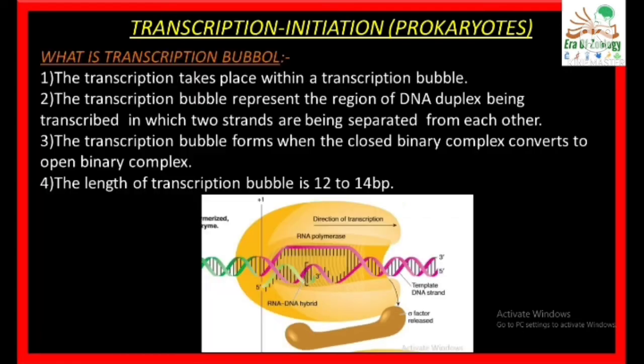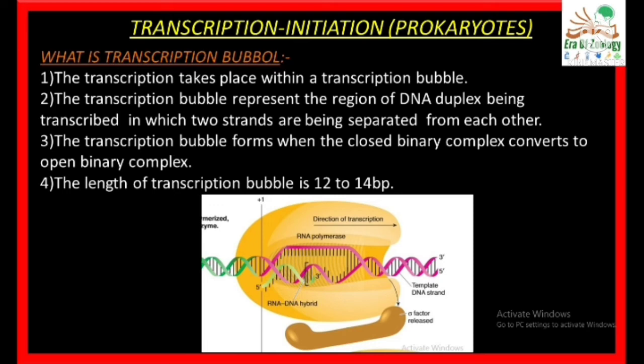And now we'll talk about an important question: what is a transcription bubble? Transcription takes place within a transcription bubble. The transcription bubble represents the region of the DNA duplex being transcribed, in which the two strands are separated from each other.